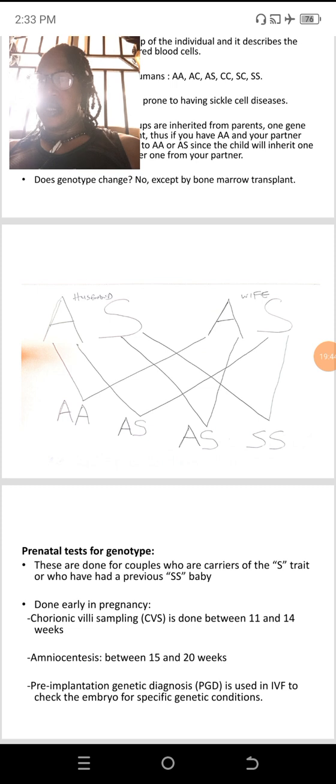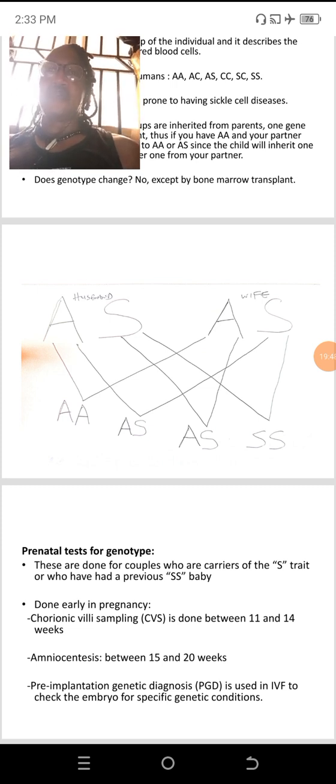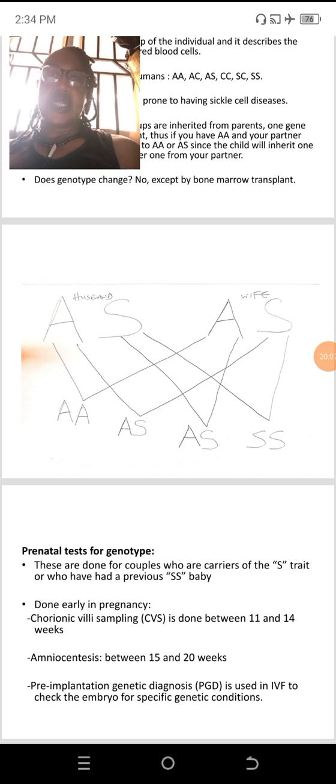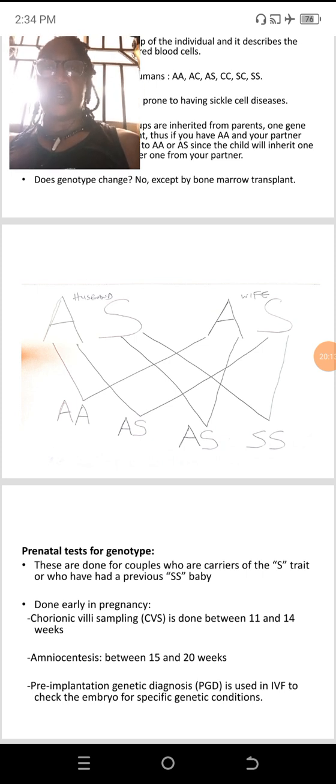Another question that has been asked is whether there is any special food for SS patients to eat to prolong their lives. No, there's no special food for SS individuals to eat. However, they need to be going to hospital regularly for checkup. And some will be on antibiotics to prevent development of infection.